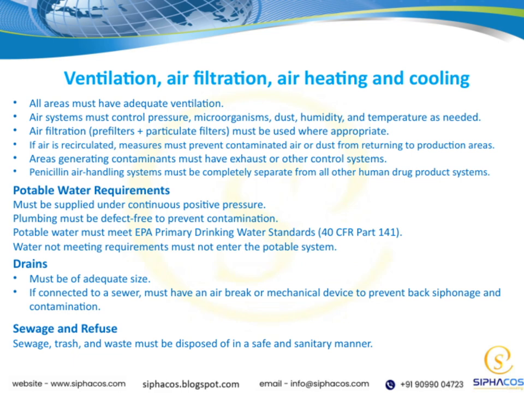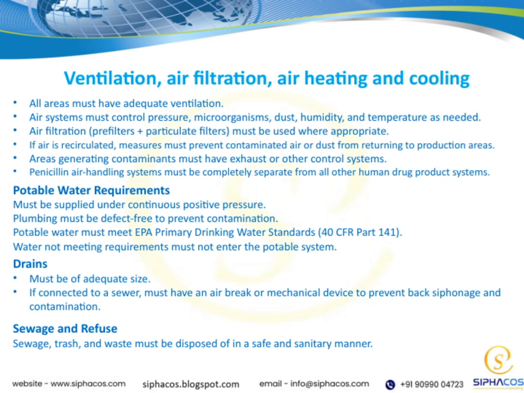If air is recirculated within the facility, we need to ensure measures are in place to prevent contaminated air or dust from re-entering production areas. For spaces generating contaminants, proper exhaust systems or other control measures must be in place to remove those pollutants effectively.